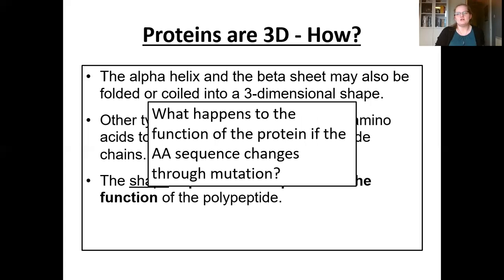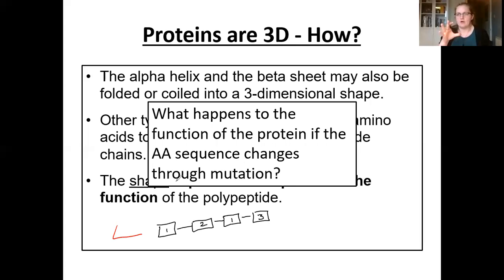So this is quite a good question. It's one that comes up a lot. What happens to the function of a protein if the amino acid sequence changes through mutation? Well, let's draw these a bit better. So we've got amino acid 1 joined to amino acid 2, joined to amino acid 3.